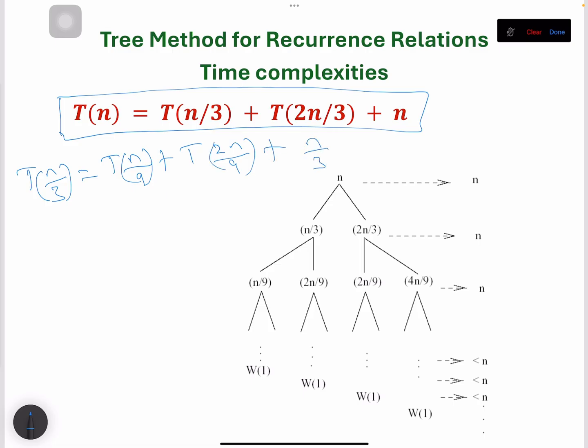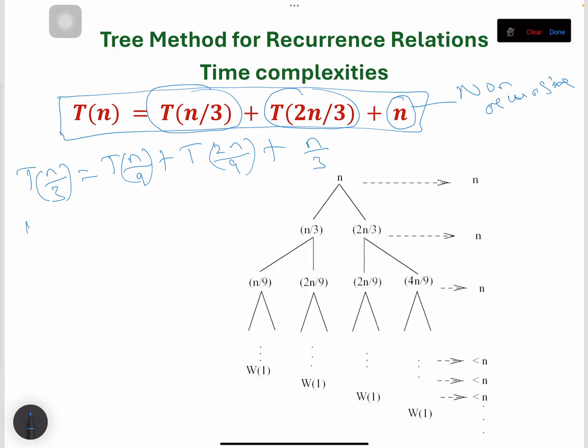Okay? This part is the work done, non-recursive. This part is recursive. All right? So now I got n divided by 3 as the work done when the input is n over 3.